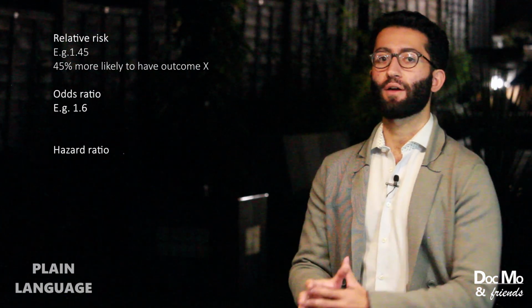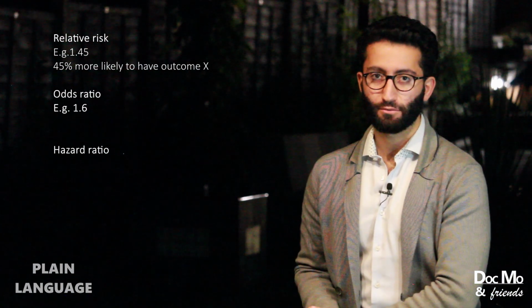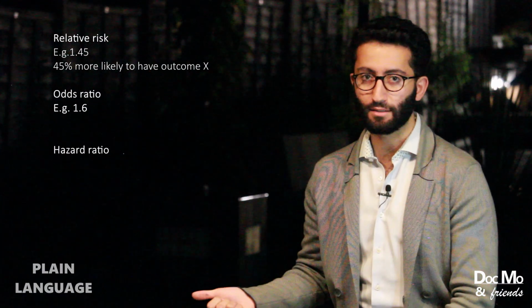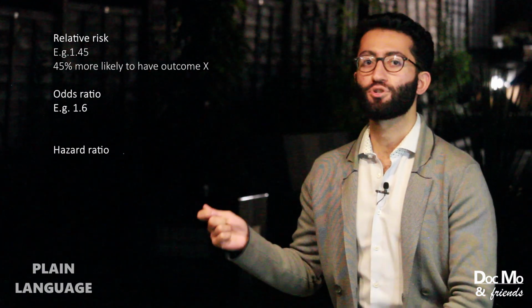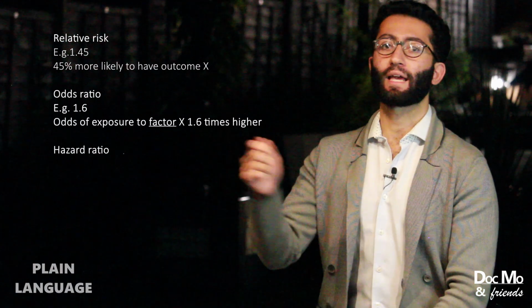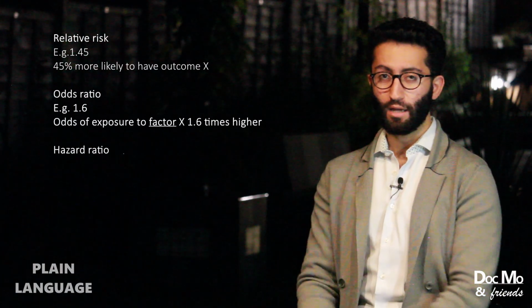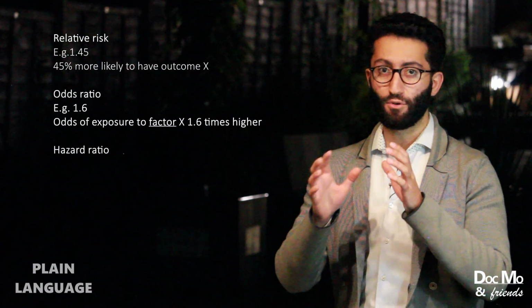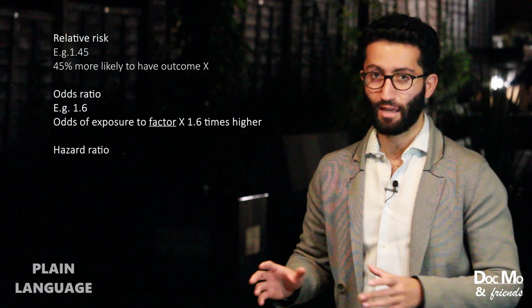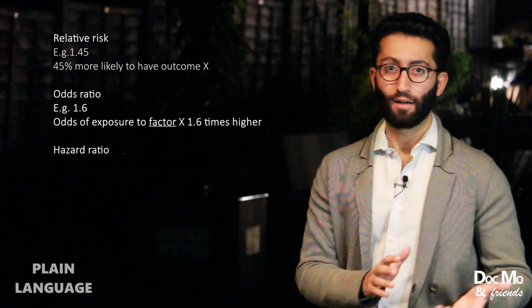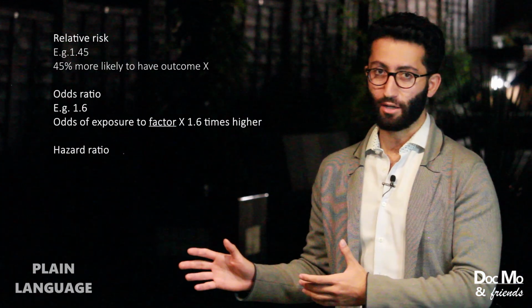The way that I would convert that into a plain language sentence would be that those who had oral cancer, the odds of them chewing tobacco were 1.6 times higher than those who didn't have oral cancer. Notice the emphasis is on the word odds. I did not say that the risk of them chewing tobacco was 1.6 times higher.